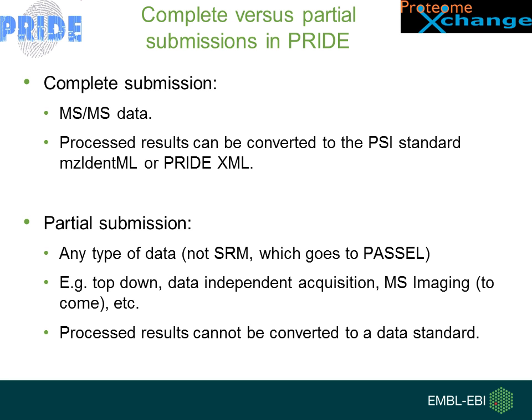The other submission type is partial submissions, where we can essentially take any type of data, even very innovative workflows which have only just been implemented by this one lab, where essentially it is a collection of files, plus it still has to have not only raw data, but the three components: raw data, metadata, and result files.